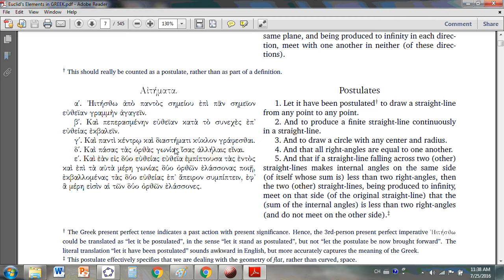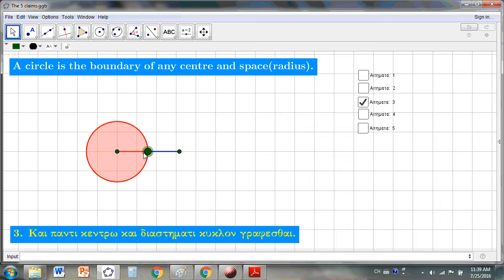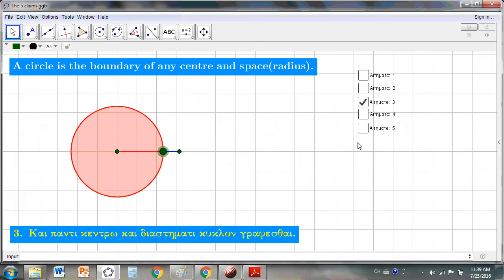But in this context here, it obviously means the space of the circle, which is affected by the length of the radius. So we could really just rip that word out and put radius in there, and we won't lose the meaning of the third claim. So going back to this third claim, that's all it says, is that you can create any circle of any size, okay, and any radius given a particular center, which we've seen from the previous two claims.